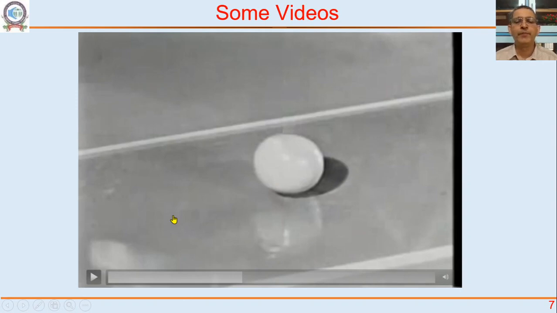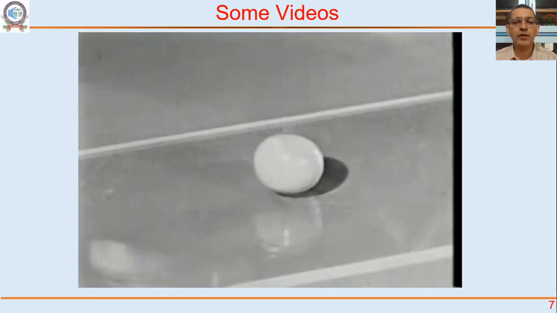Now this fluid behaves differently with different shear, depending on how long you allow the shear to be exerted on that fluid. When this fluid is kept on the surface, the weight and therefore stress is acting on this fluid for a long time, and the viscosity reduces with time, and therefore the ball spreads.